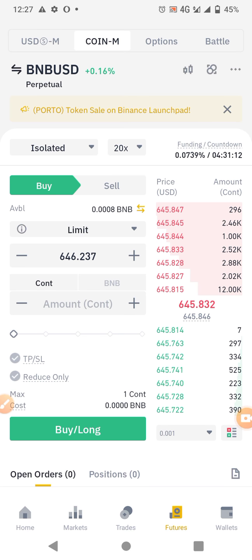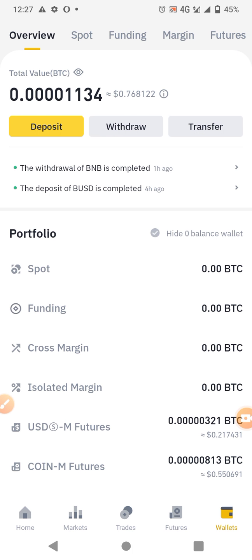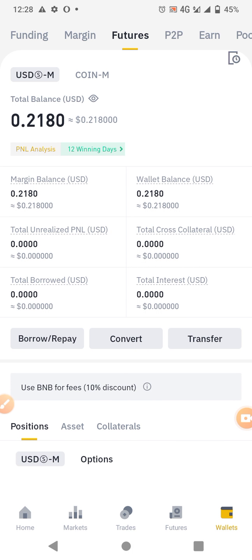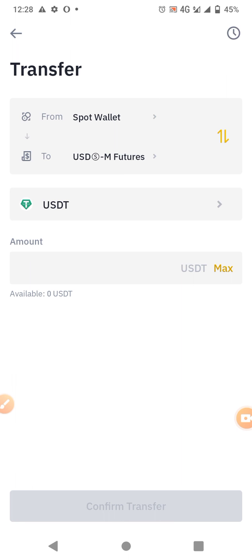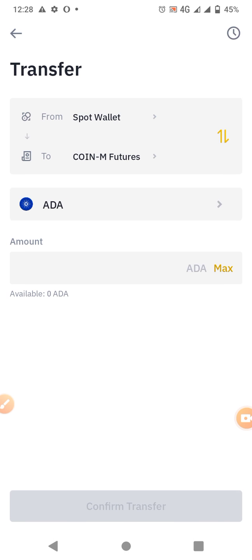So I think that should give you a good headstart to get started. Once you have already made your profit, you can just easily transfer your money back so you can cash it out.